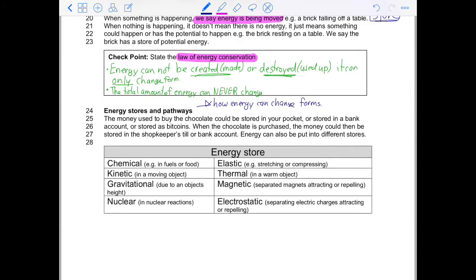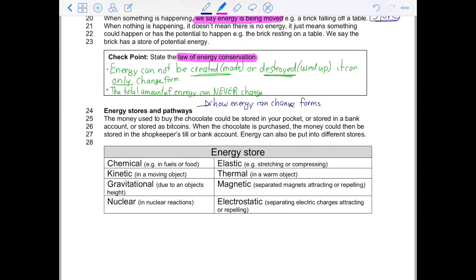You could meet some friends at school and trade it for something that's also worth the same amount of money as that chocolate bar. So it can be stored in all kinds of different ways. The shopkeeper can store it in all kinds of different ways again. The same way that money can be stored in different forms, so can energy.